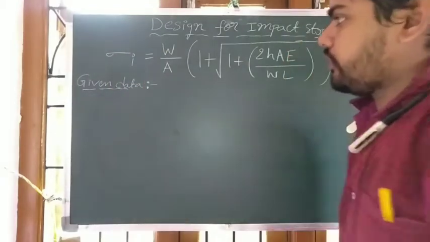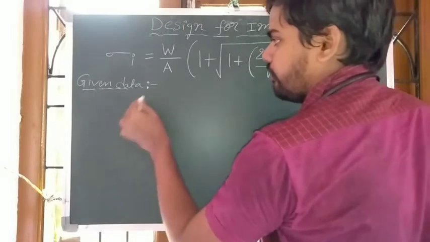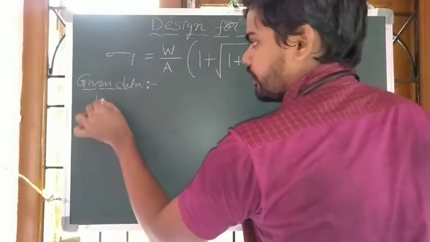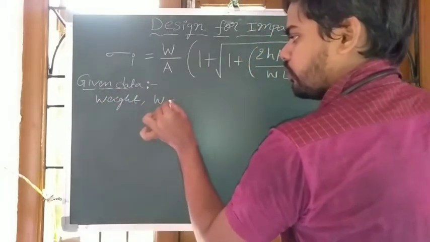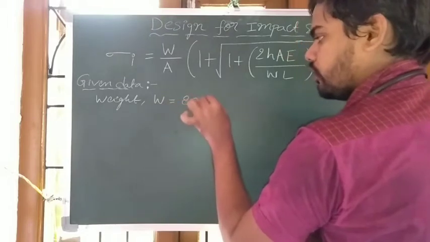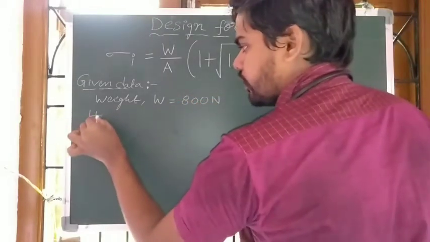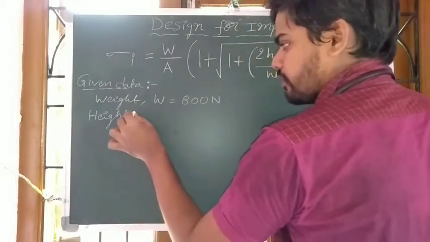First, note down the given data. What is the given data? Weight W is equal to 800 Newton. And this weight is applied from a certain height.